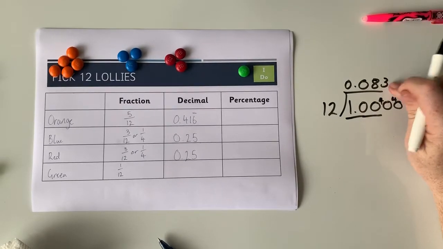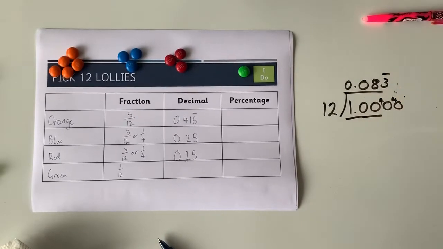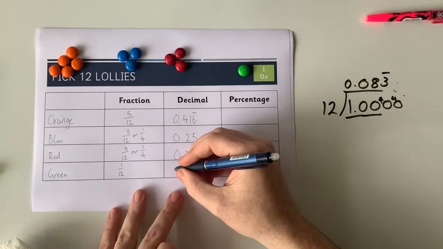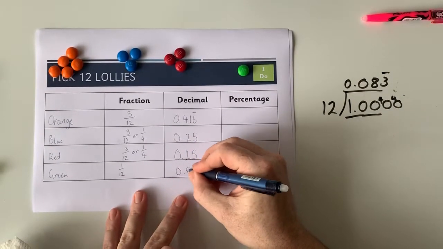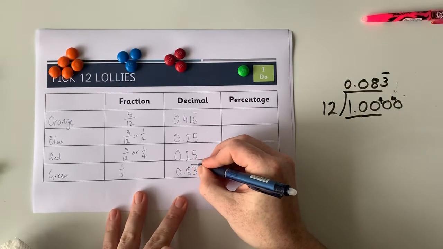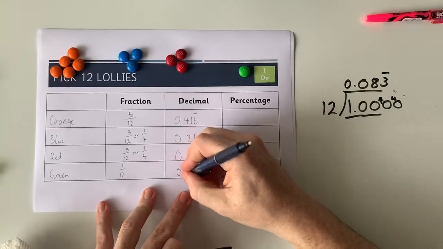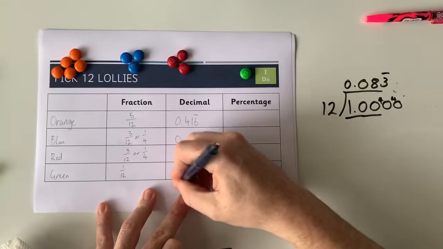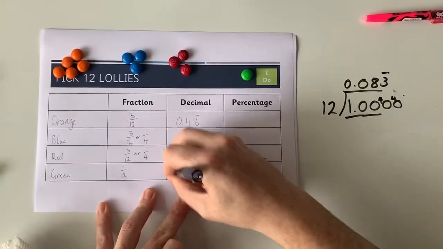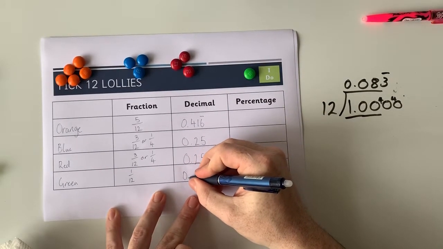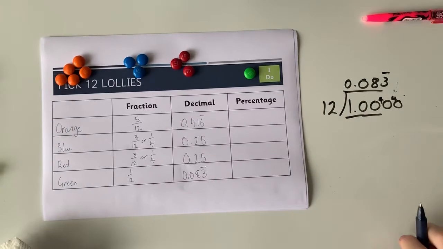So again, we can stop there because that 3 would continue on forever and ever. So it's 83 thousandths recurring.